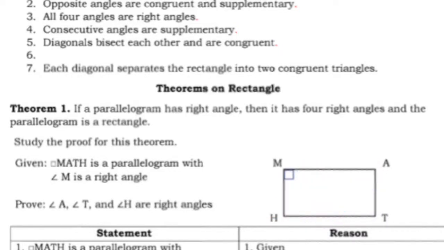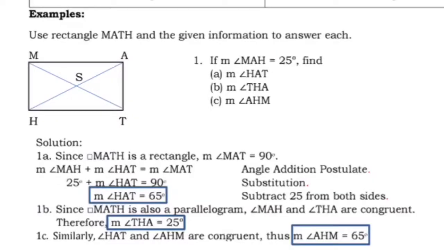Then let's have theorem number 1. If a parallelogram has a right angle, then it has 4 right angles and the parallelogram is a rectangle. Let's go directly to the given example. Use rectangle MATH and the given information to answer each.